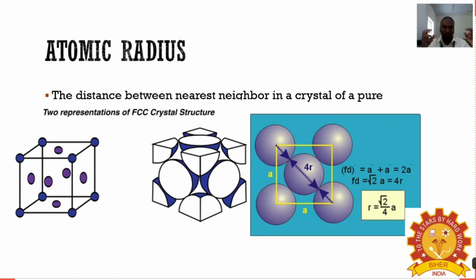The distance between two nuclei is considered the diameter of that homolytic atom. So we can easily calculate the radius of the atom by d by 2, because radius is equal to d by 2. From this calculation, we can find the atomic radius.